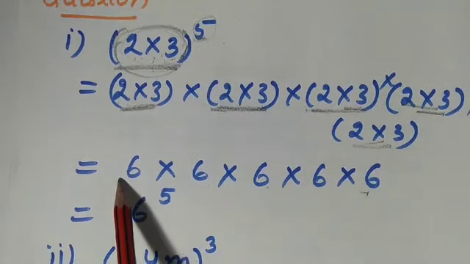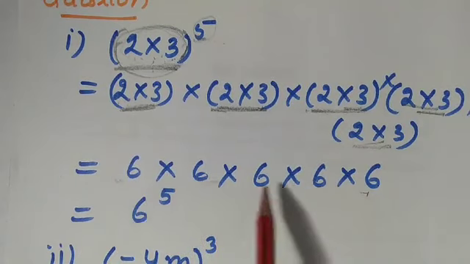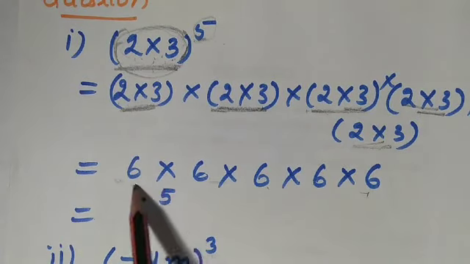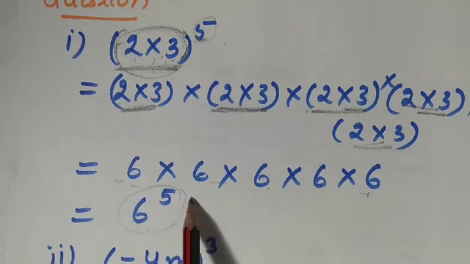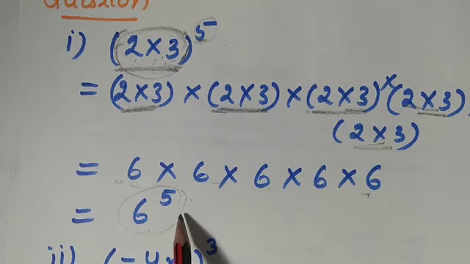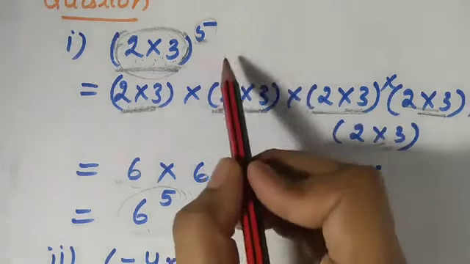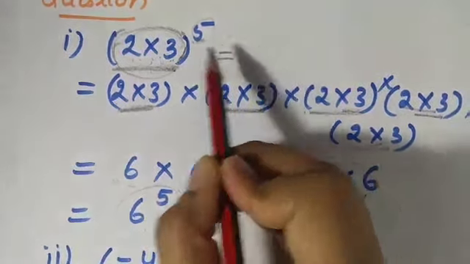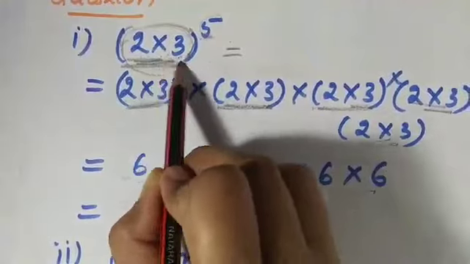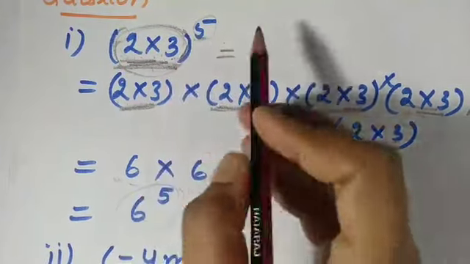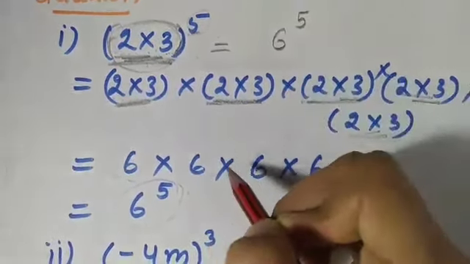Now we are getting 6 multiplied 5 times. So in exponential form this can be written as 6 to the power 5. Or simply, using the law of exponents which we have learned, we observe that these two are multiplied, so it will be 6 to the power 5.